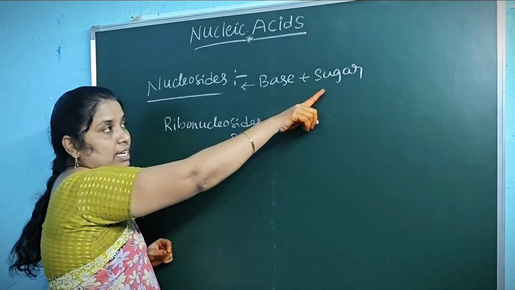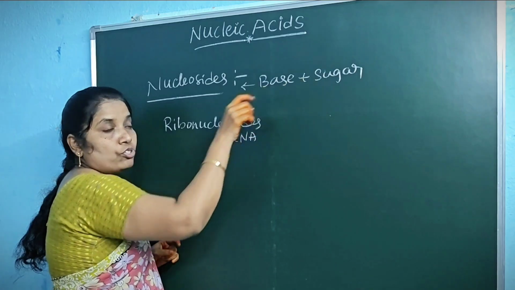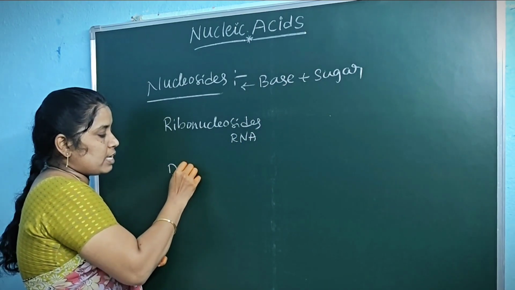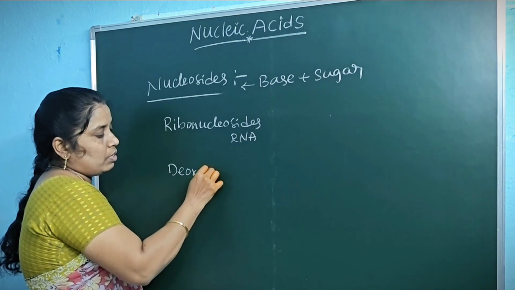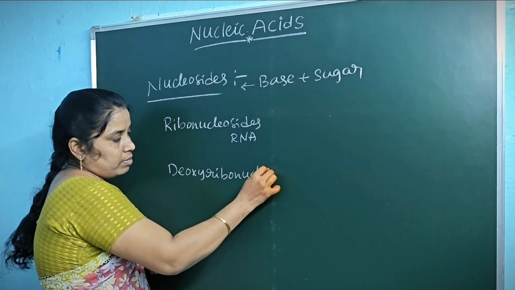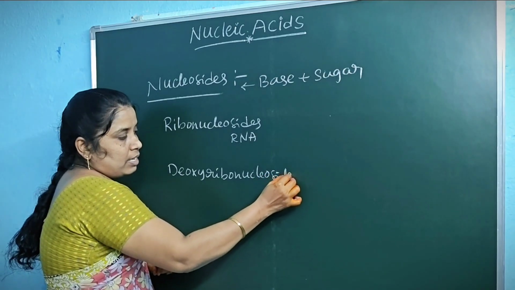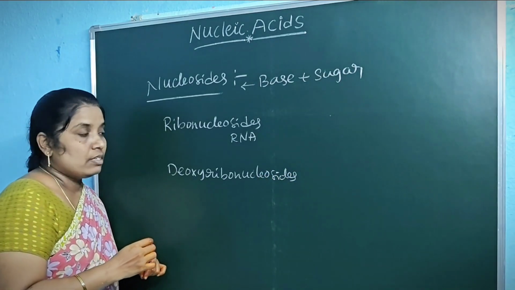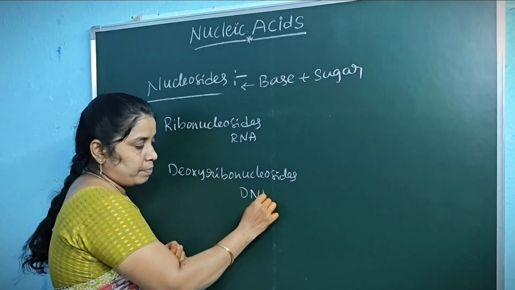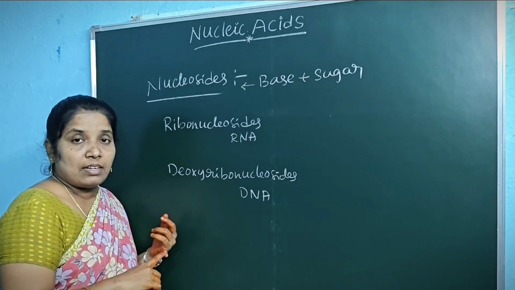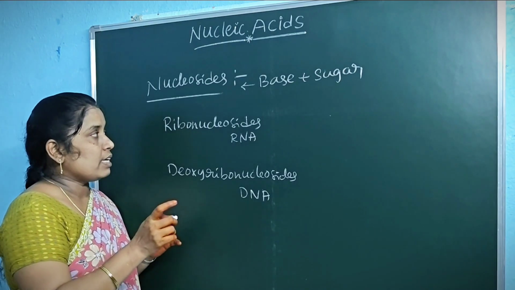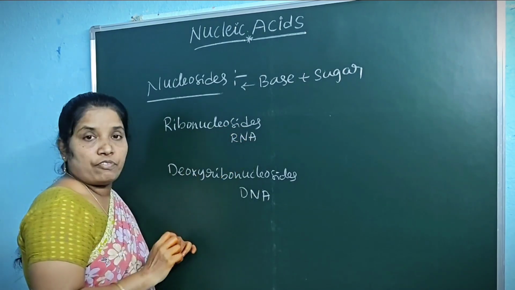So if the sugar is deoxyribose sugar, then the nucleosides are called deoxyribonucleosides. They are present in DNA. So the bases can be purines or pyrimidines. So let's see the ribonucleosides first.